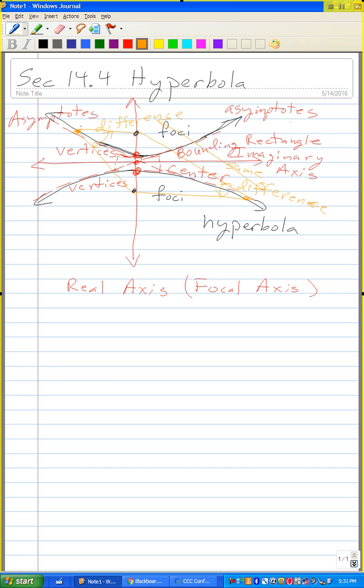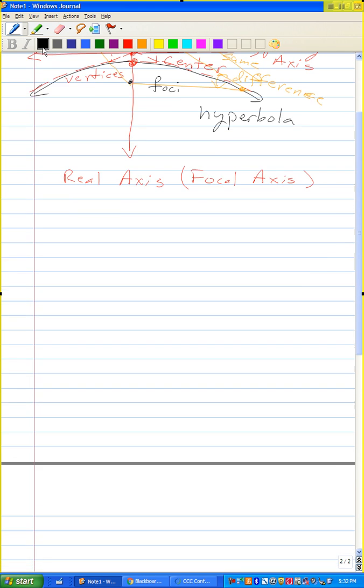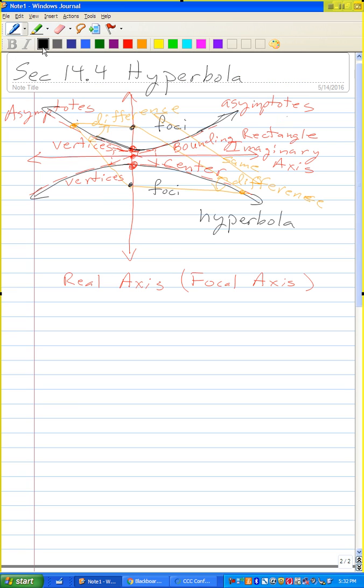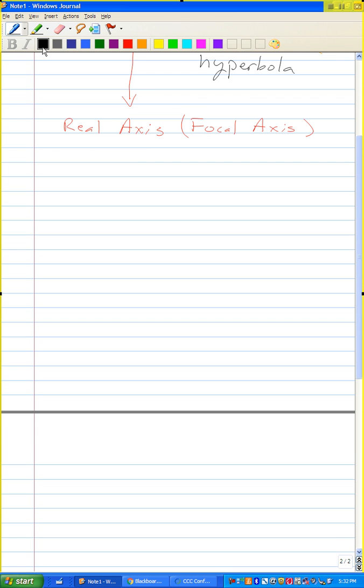That's a little much for a little diagram, but okay, so let me try to find the equation for the hyperbola.